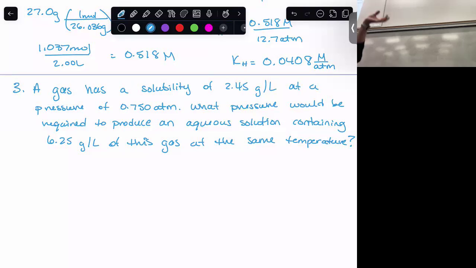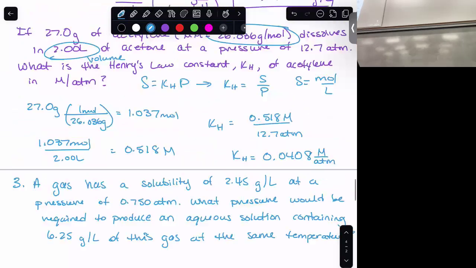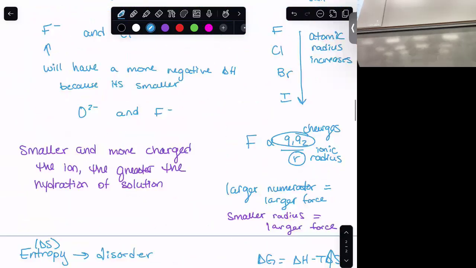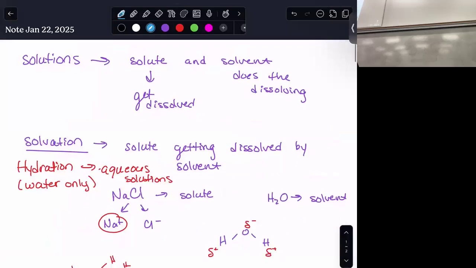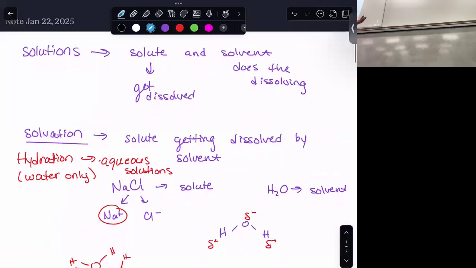So solvation is the umbrella term, and hydration is a subset of solvation. All hydrations are solvations, but not all solvations are hydrations. That makes so much sense. Thank you so much for your help. Absolutely, anytime.